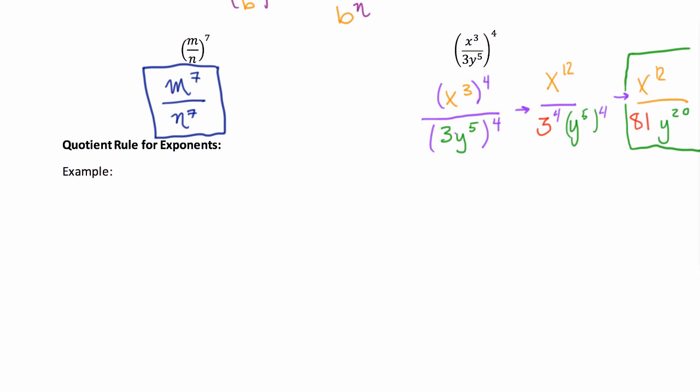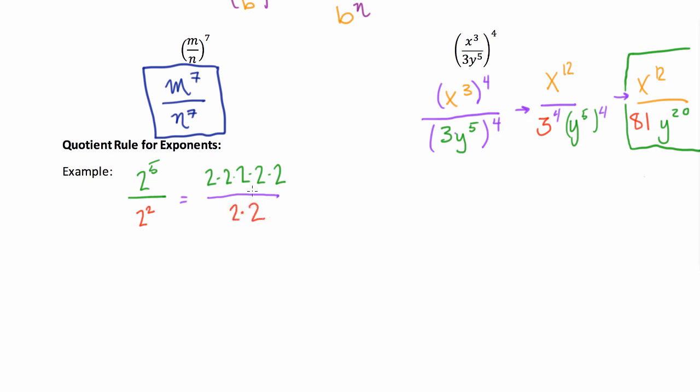My example here is if I have something like, say, 2 to the 5th divided by 2 squared, what that repeated multiplication looks like, 2 to the 5th is 2 times 2 times 2 times 2 times 2. So I have this: 1, 2, 3, 4, 5. And then my denominator, I have 2 squared, so that's 2 times 2.